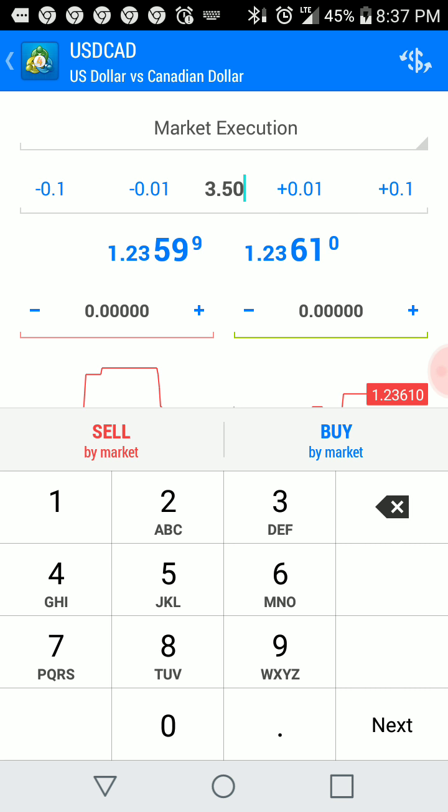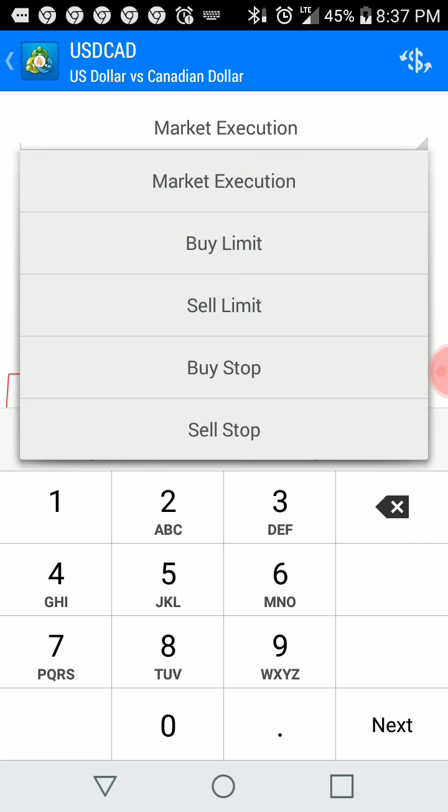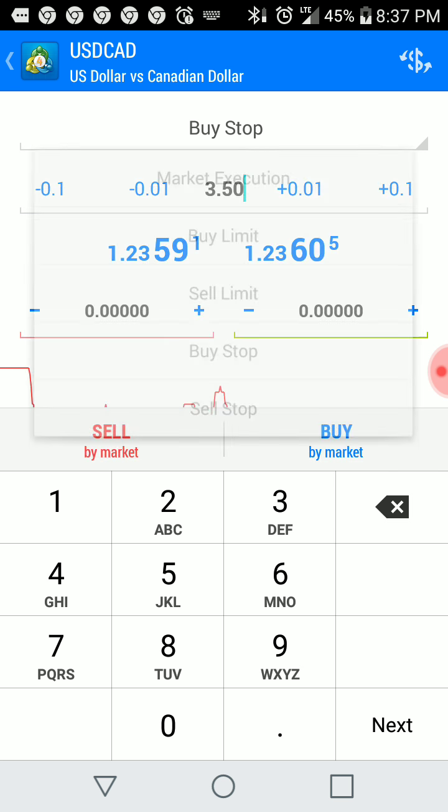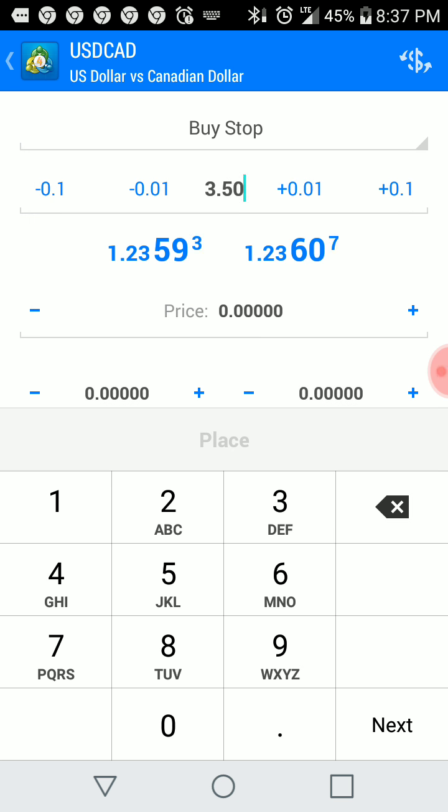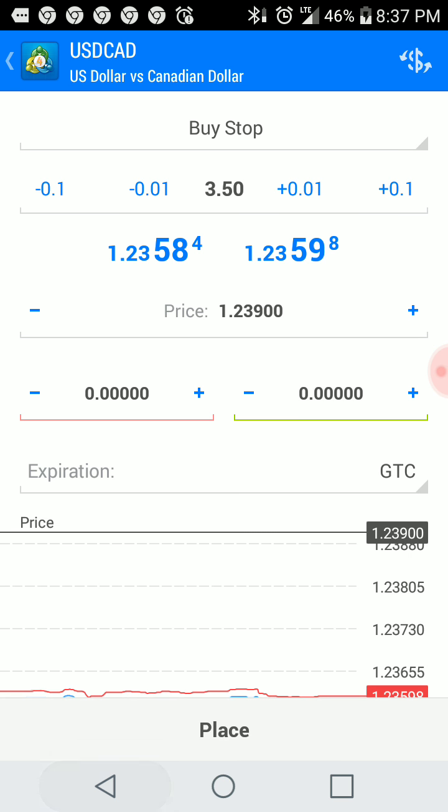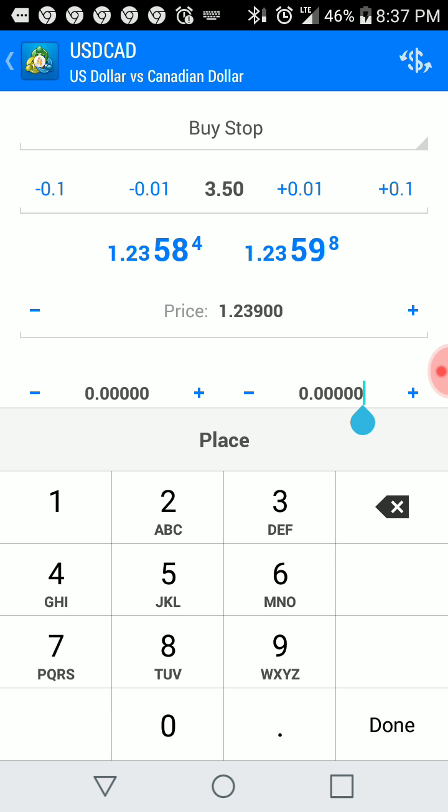So we are going to enter, and oh, see, that's a market order. First thing we need to change there to a buy stop order. 3.5 is the lot value, and we entered the trade at 23.90, and we will take profit at 24.